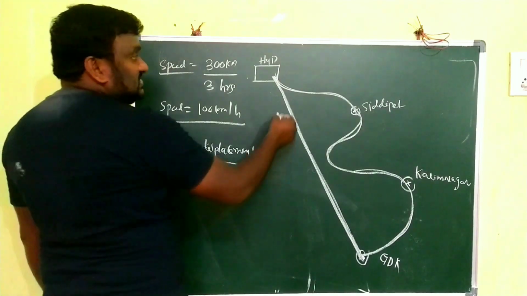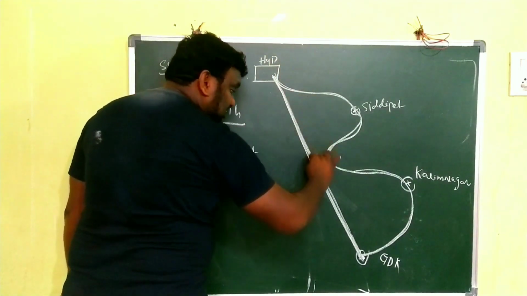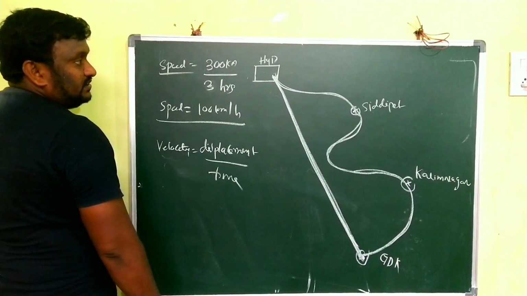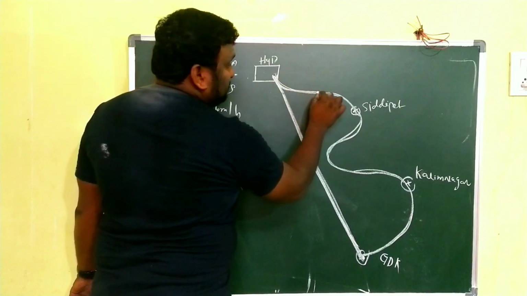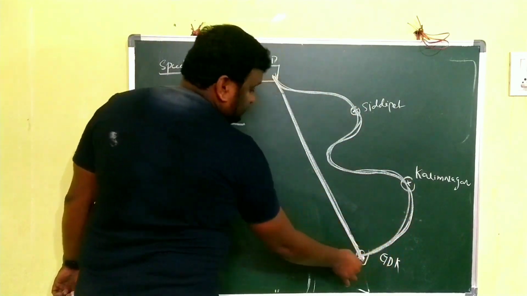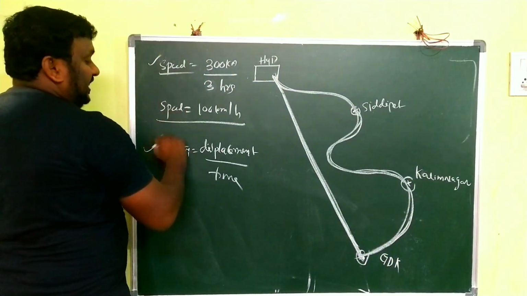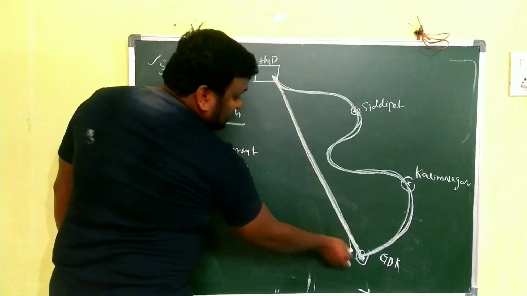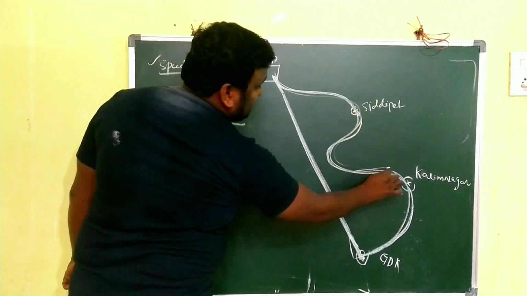Children, if the bus is starting from Hyderabad to Govardhan in a straight line path, that is velocity. Clear? And after that if the bus is moving in this path, that is speed. So in this case it is the displacement and this is the distance.